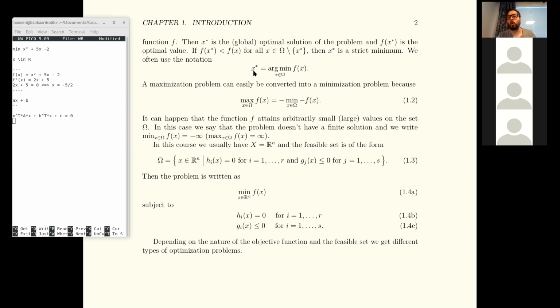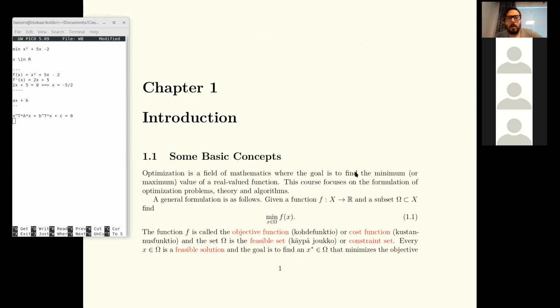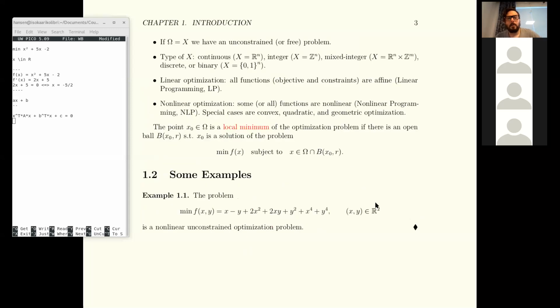Then we say that it's a global optimum. So among all the possible points in the set omega, none are smaller than this x star. That's global.